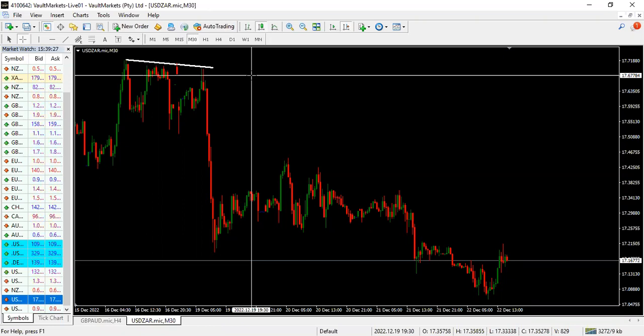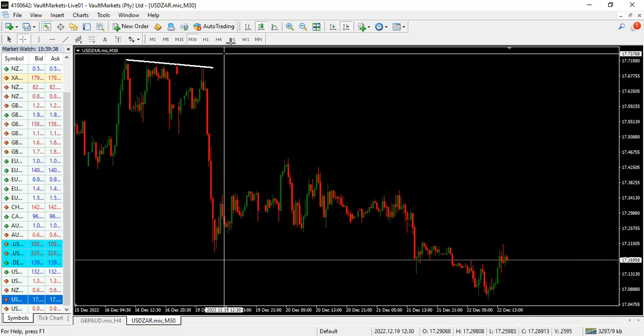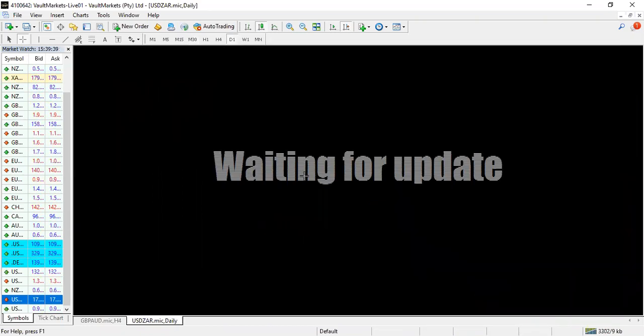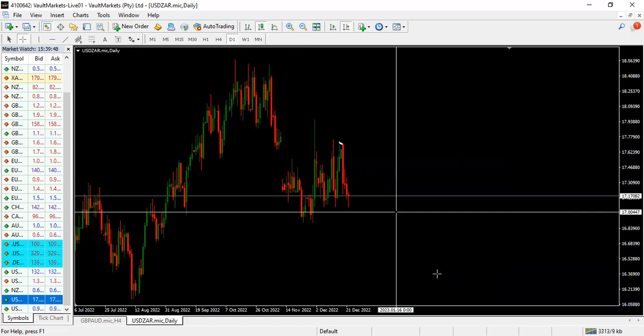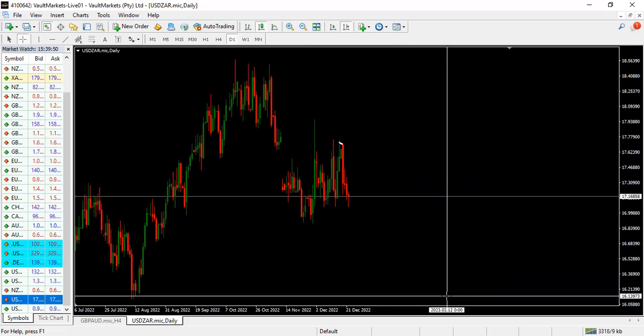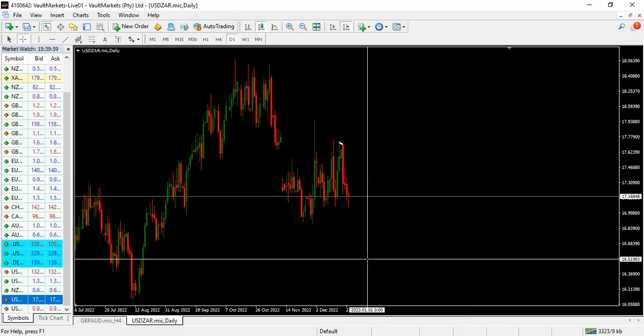Are we still together? And even now, it's still 17 rand. Let's go to the daily time frame and check where it stands. Our currency will be strong when it reaches 16. For our currency to be sharp, if it was around 14 it would have value, but for now our currency has no value.